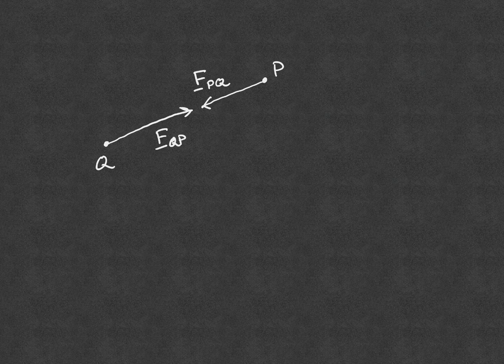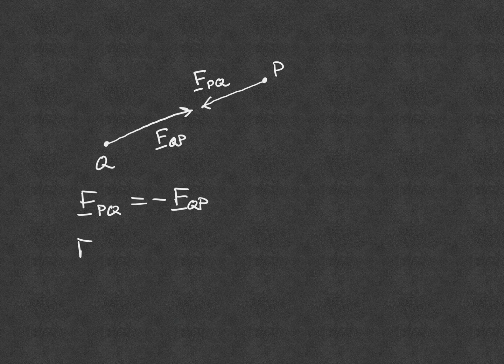And we have the following, that the force exerted by particle Q on particle P is negative the force exerted by particle P on particle Q. So we just have to do one of these and we get the other one automatically.